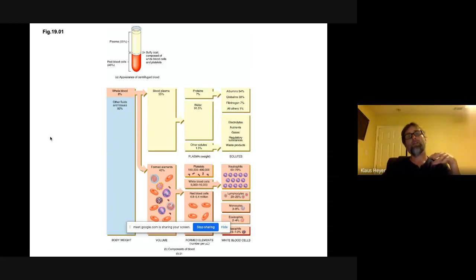The formed elements are red blood cells, white blood cells, and platelets, and red blood cells really dominate the formed elements. Formed elements are about 45%, and plasma, the liquid that the cells float in, is about 55%.